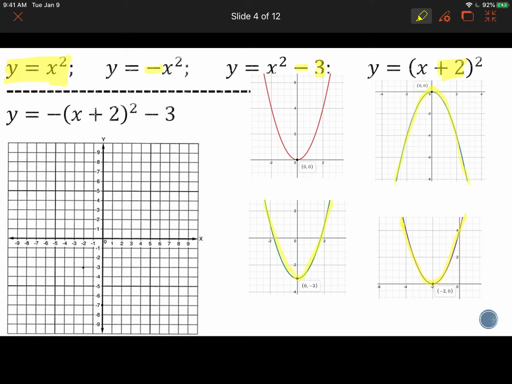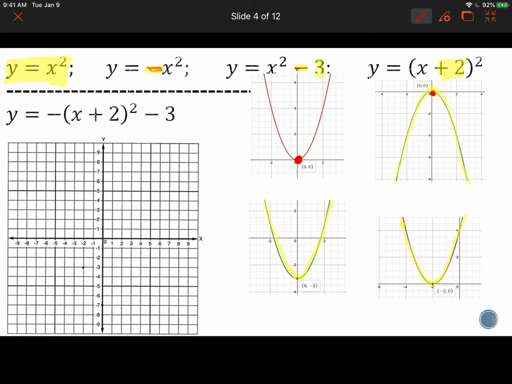Now, if you're wondering, why did I move it to the left when it's +2? Well, we're going to get into that very soon, but just hang tight. So I want you to focus your attention on the vertex of my parent function at 0, 0. When I had this reflection, the vertex, if you recall, was exactly the same, 0, 0.